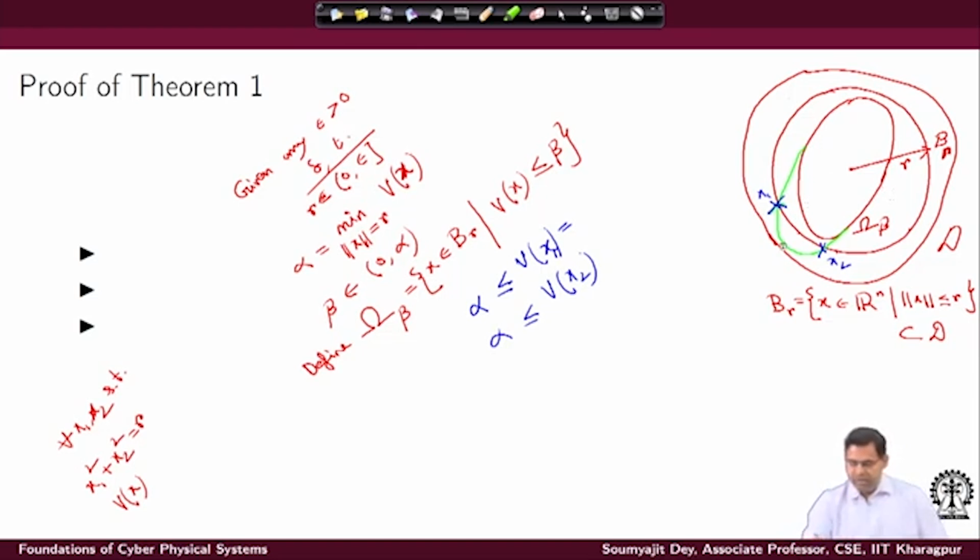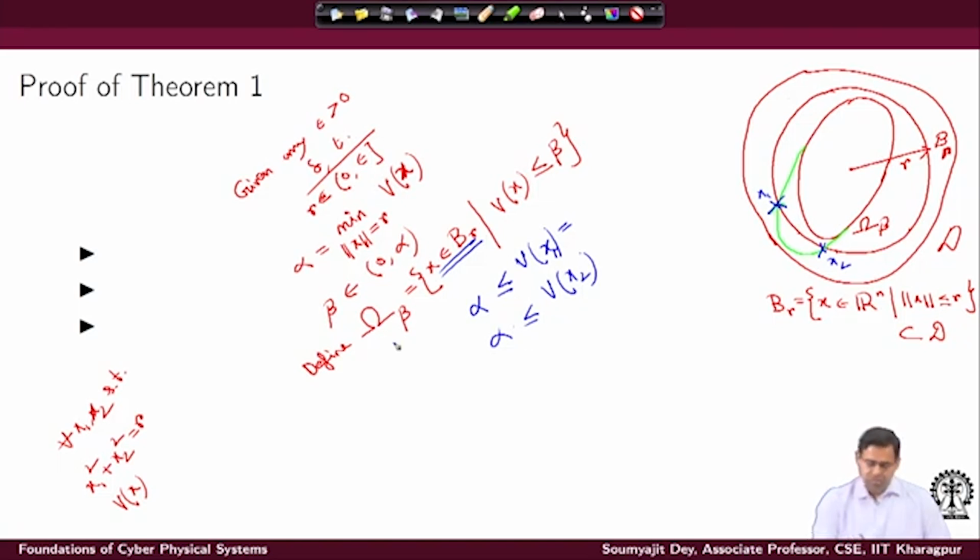Now, if I say that I am going like this, I have an issue. The issue is that, first of all, I am having points where I am not inside Br. So, I am not satisfying this. And also, how do I know that I am inside it? I am not crossing over or touching it, because if I touch it then I will have points x1 and x2, and at those points the value of V would be greater than or equal to alpha.